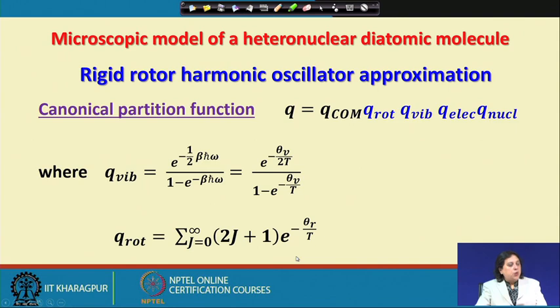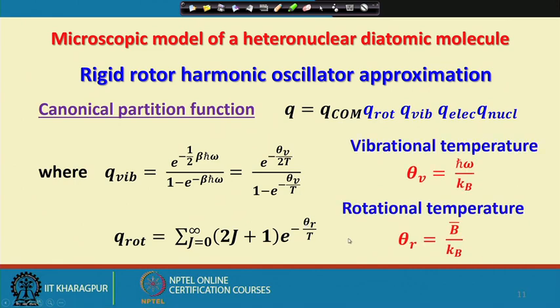And here also we have introduced a characteristic constant theta r or theta rot, and by definition this also has the dimension of temperature, and this is given by B bar by kB, where this is the rotational constant as appropriate for the underlying energy levels, for which the jth energy level has degeneracy 2j plus 1, and I know that the contribution that will come here is theta r, and here I should have also j into j plus 1. So, I am sorry, this needs a correction.